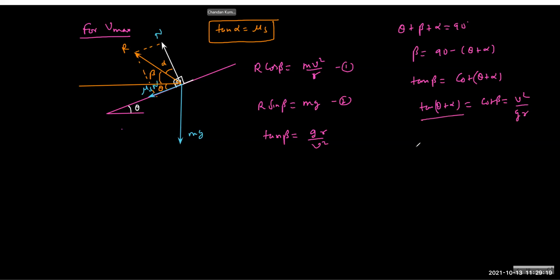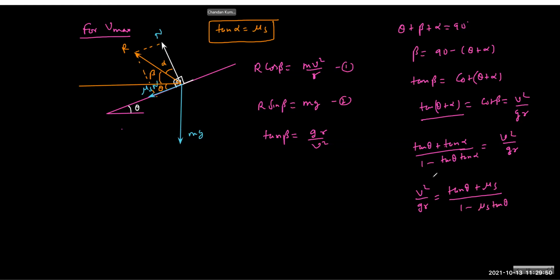Then we can apply the tan (A plus B) formula, which is (tan A plus tan B) upon (1 minus tan A tan B). And now we are done, because we know tan alpha is mu_s. So this formula is exactly the same as what we got. Since we are doing it for the maximum, the sign will reverse. So V max is the square root of Rg times the corresponding expression.